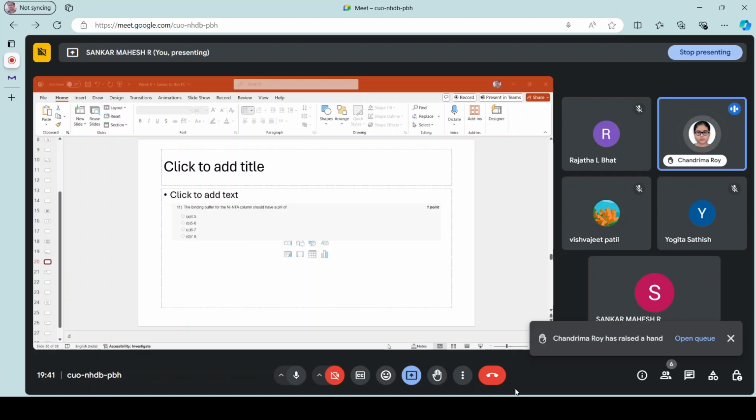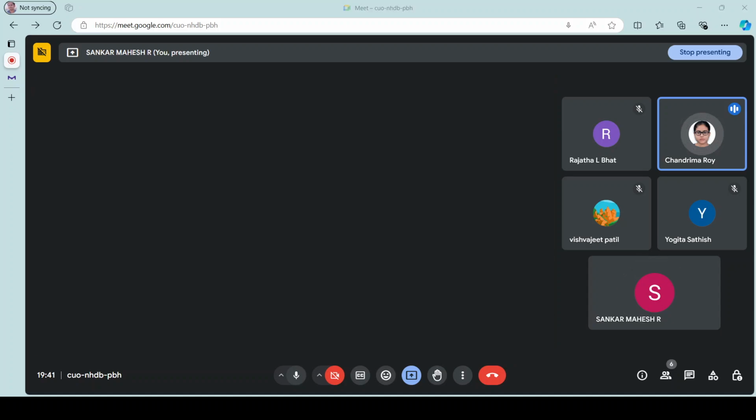Sir, how the pH is depending: if we lower the pH, like in a range of 5 to 6, the imidazole ring in that histidine gets protonated, disrupting the coordination bond between the nickel and the histidine. Hence the pH is the factor.